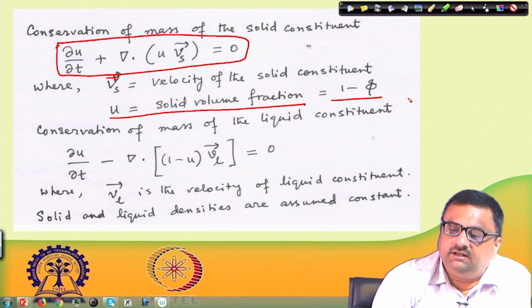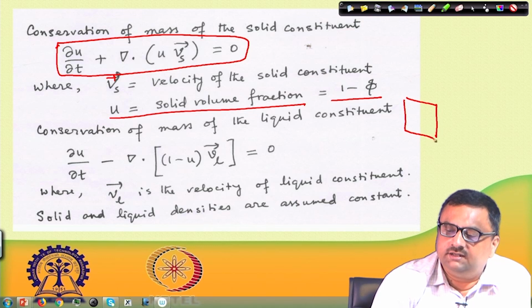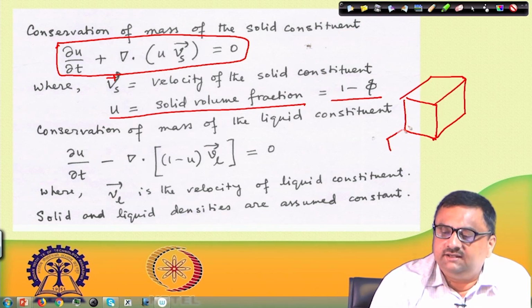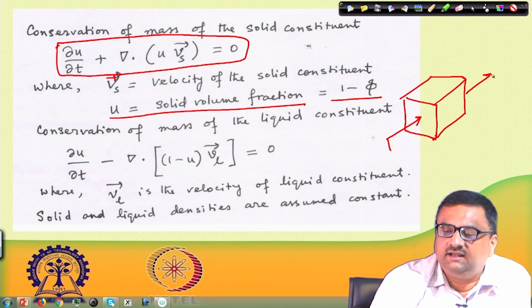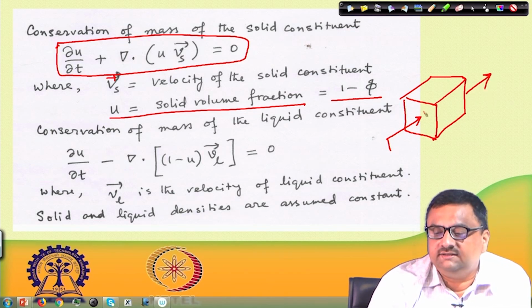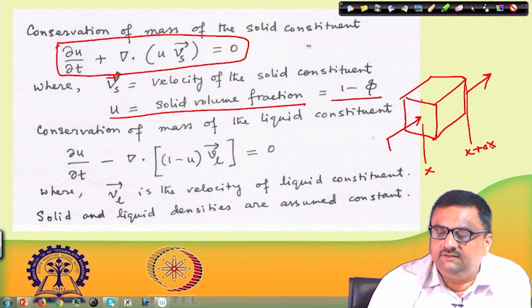That means we can draw a differential element once again and write the fluid that is going in the x direction and leaving. So this is at x, and this is x plus delta x. How much fluid is going in?